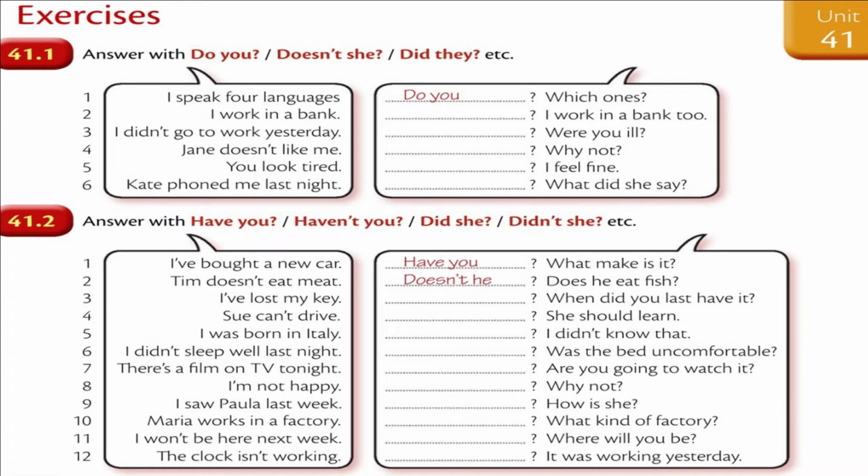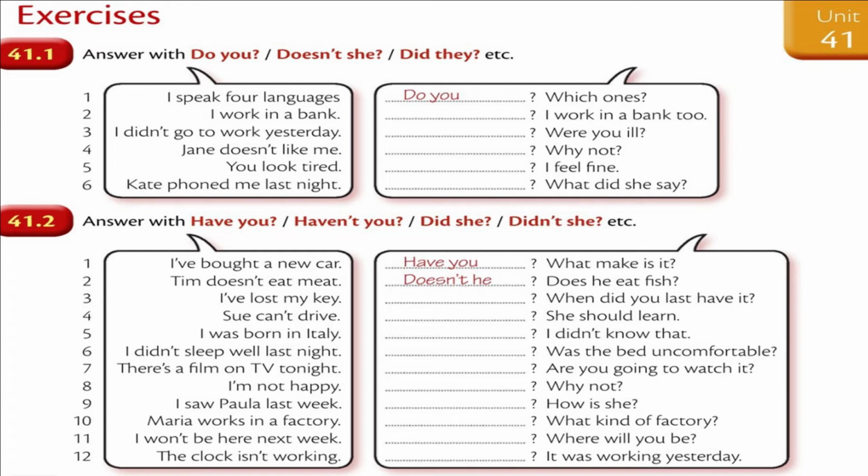41.2. Answer with have you? Haven't you? Did she? Didn't she? Etc. Number 1. I bought a new car. Have you? What make is it? Number 2.